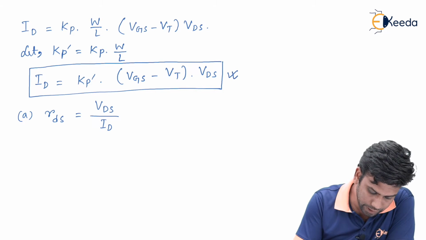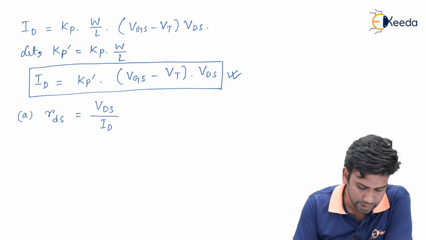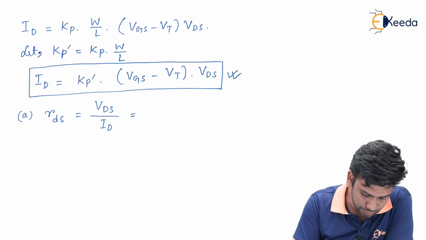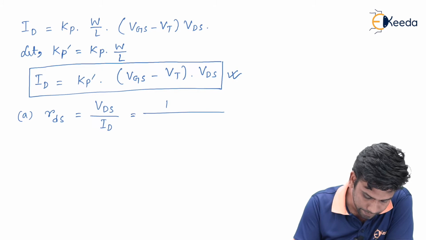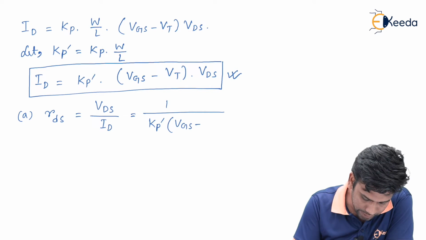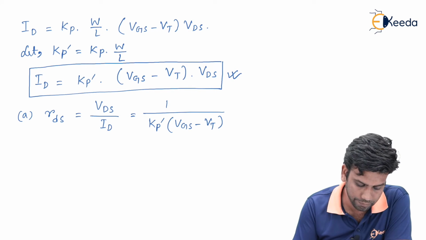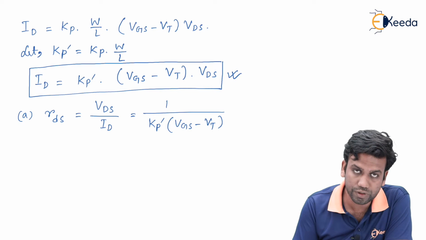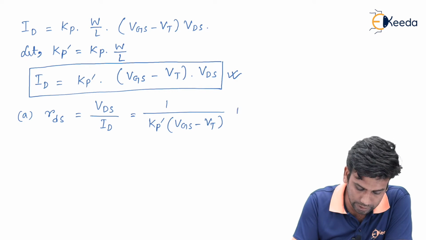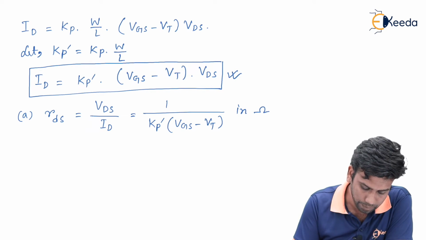So from this equation we can find VDS by ID, which will be equal to 1 by Kp dash (VGS minus VT). So it will give the value of drain to source resistance or channel resistance in ohm.